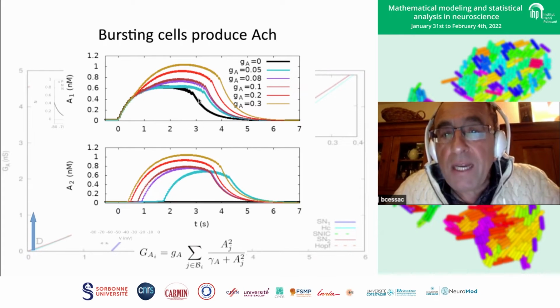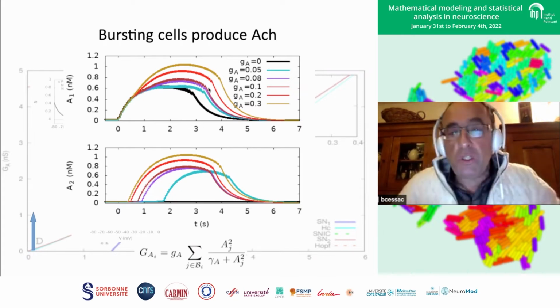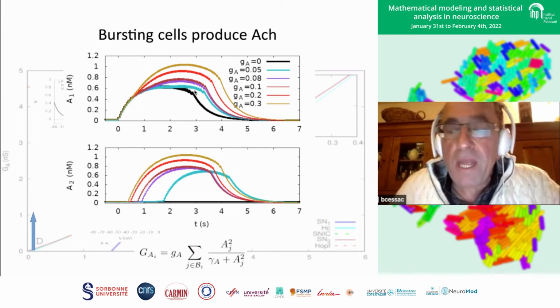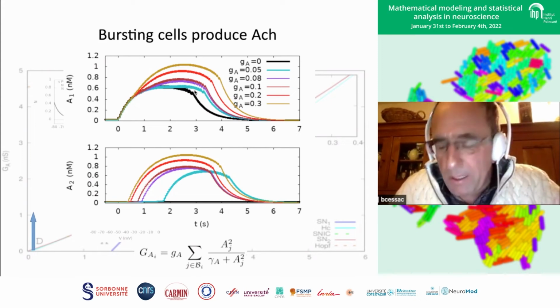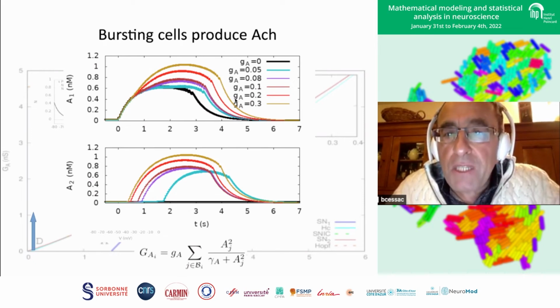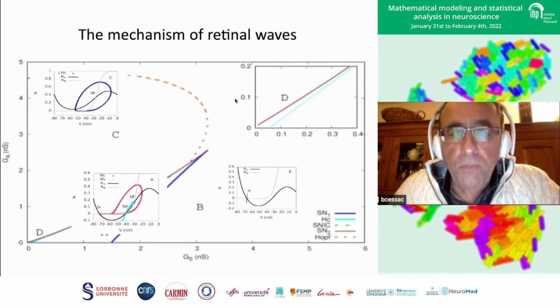So this is a very nice coupling mechanism, because these two cells interact, and there is a kind of cooperativity mechanism that I'm going to discuss in more detail in one minute. The dynamics will depend on this parameter g_A. I'm coming back to that in one minute.